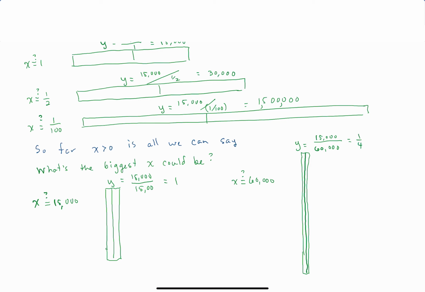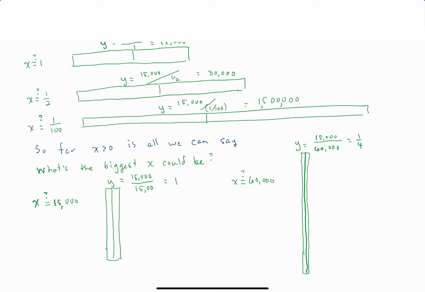So if x was 60,000, you could make a rectangle like that by making y 1/4 of a foot, so 3 inches. Again, that would be a crazy way to make a field. In real life, it wouldn't work. But again, we don't know what the practical limitations on the field are.